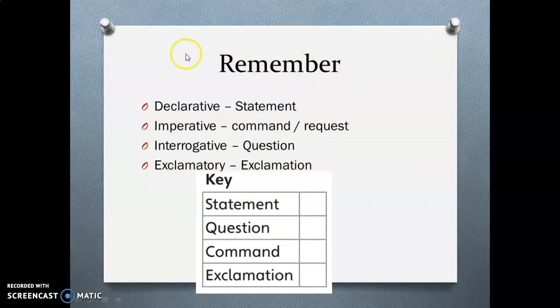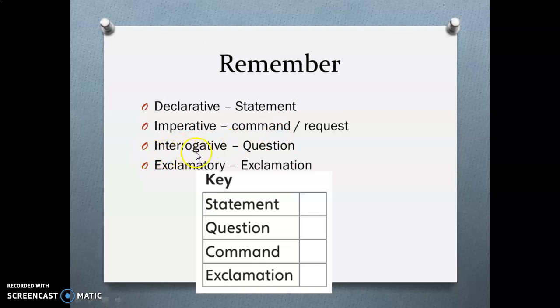Now, remember, every time you need to find a declarative sentence, you will need to find if it is giving you a statement. Then you will know it is a declarative sentence. If it is an imperative sentence, remember it has a command or a request.